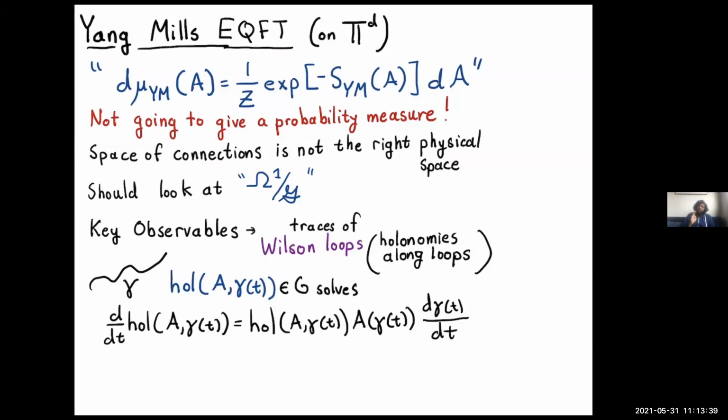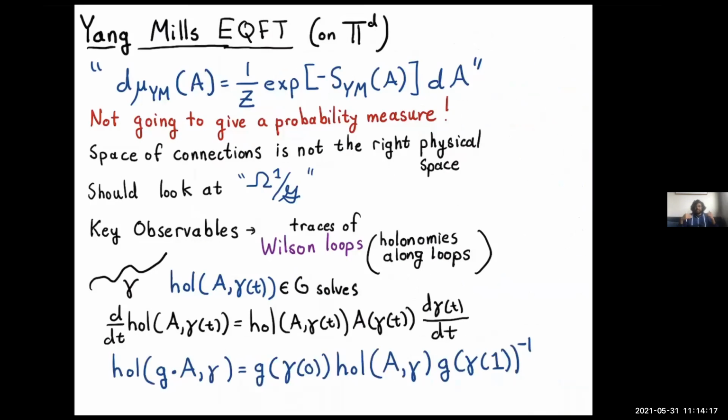You can think about the connection as telling you how to infinitesimally move in the Lie group. If I solve this differential equation along a curve, I'm going to get a group element from integrating A along the curve. In some sense, it tells you how to change coordinates between the beginning and the end point of this curve.